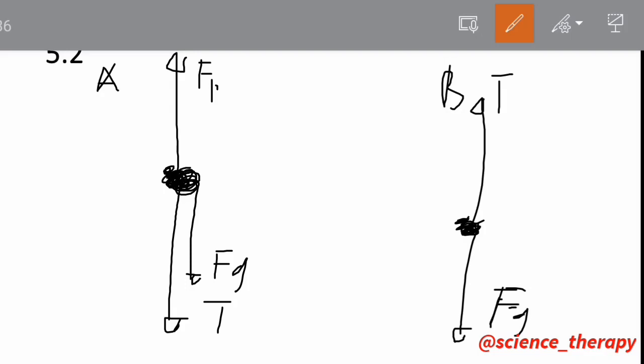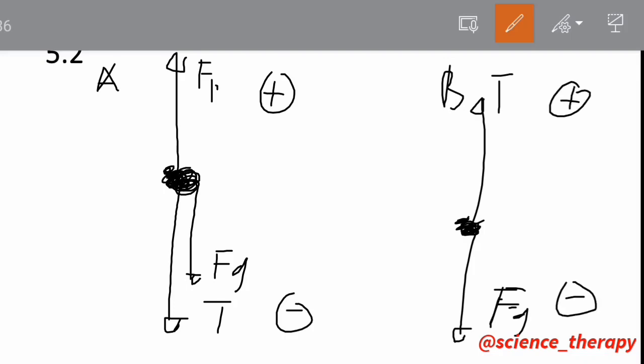We draw the free body diagrams so that it makes it easy for us to calculate. If we see all the forces there, we know how to put our F net. Since this is being pulled upward, the positive direction is up and the negative direction is down. Awesome. Now let's start calculating.